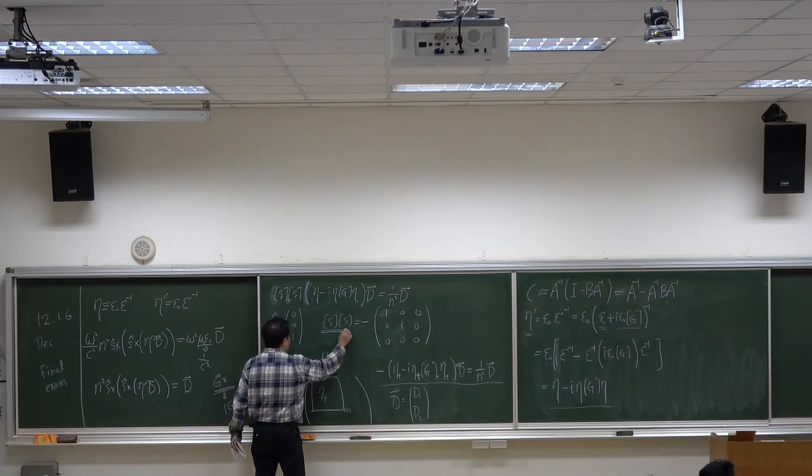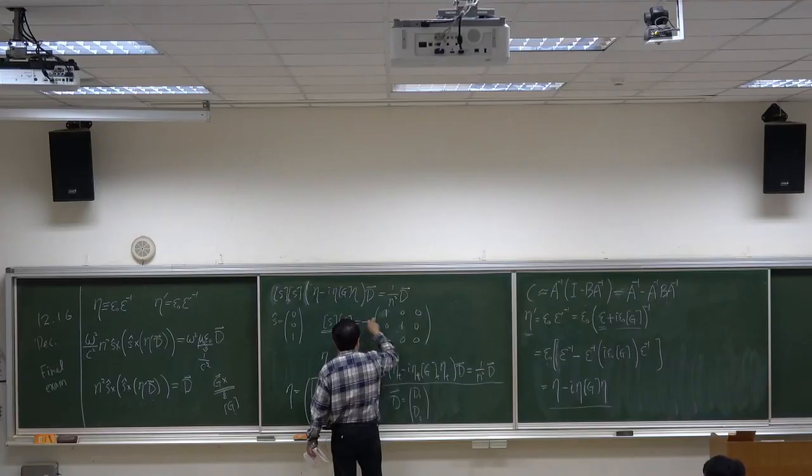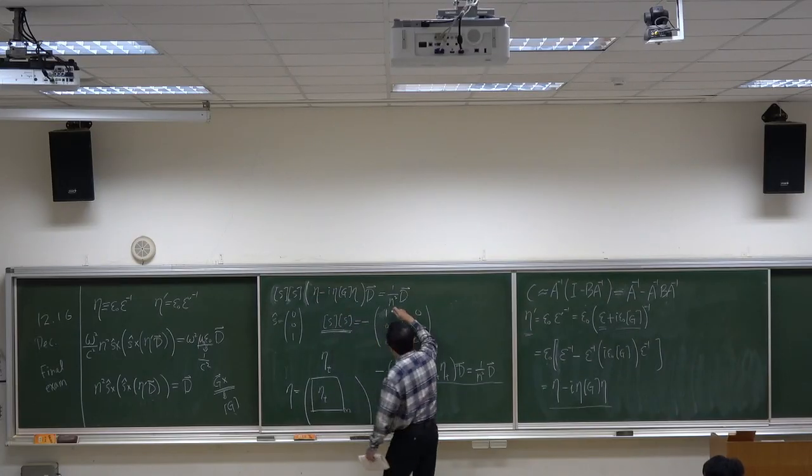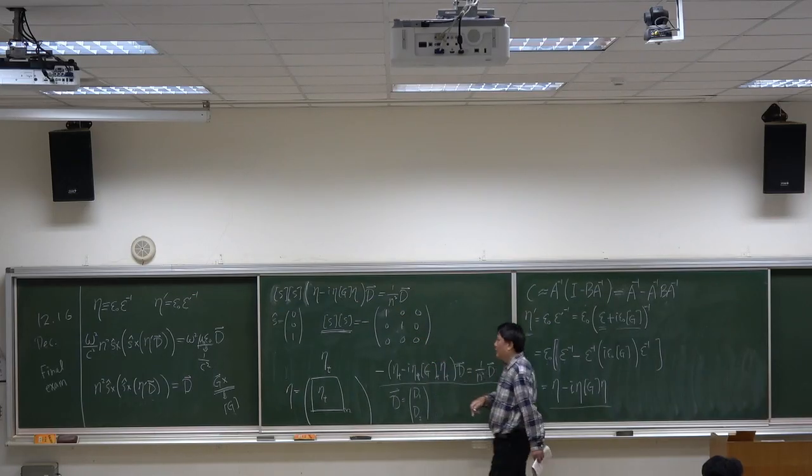You can check that under this situation S times S is equal to minus 1, 1, 0, this diagonal matrix.